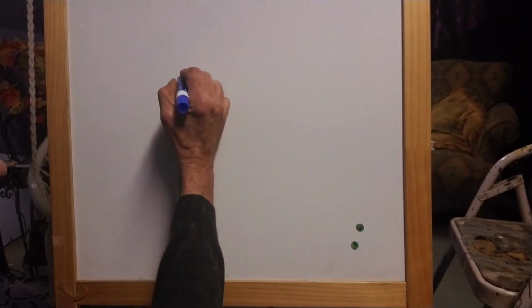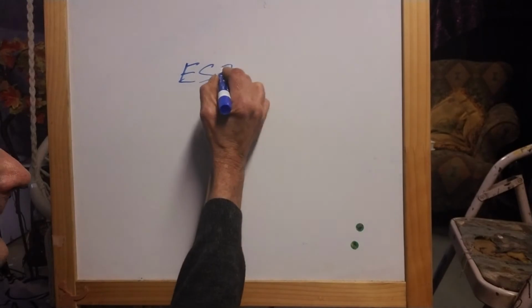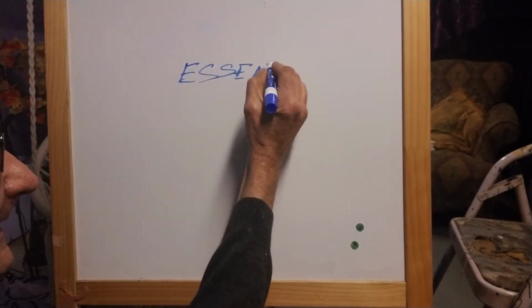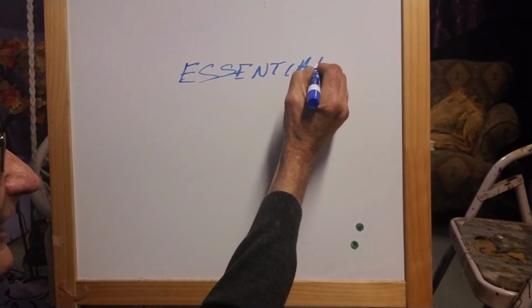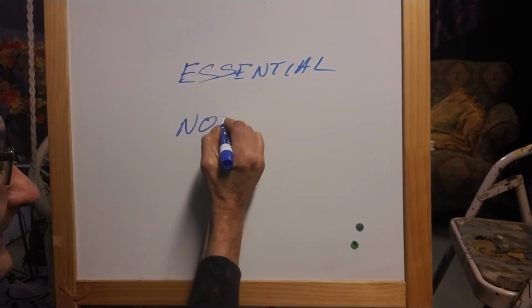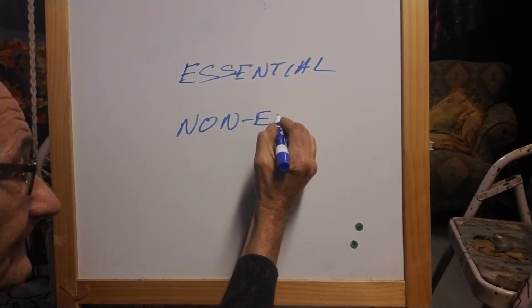The body is amazingly good at recycling chemicals, especially amino acids. There are two types: essential and non-essential.